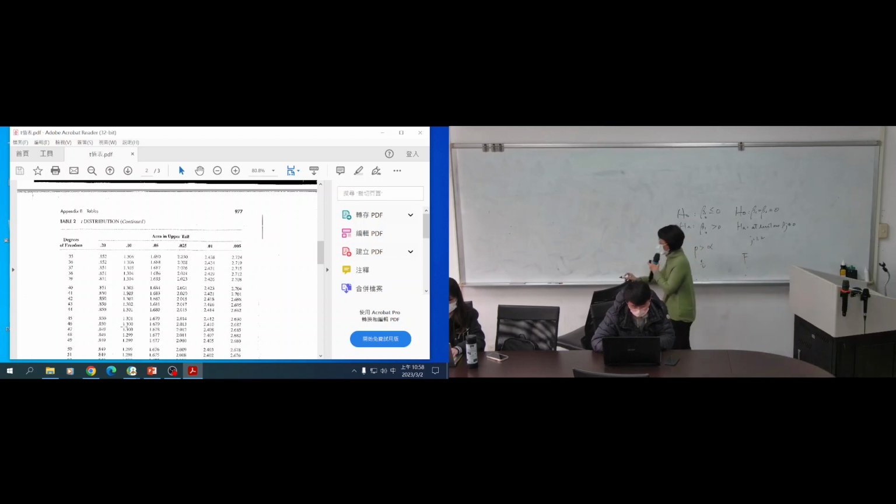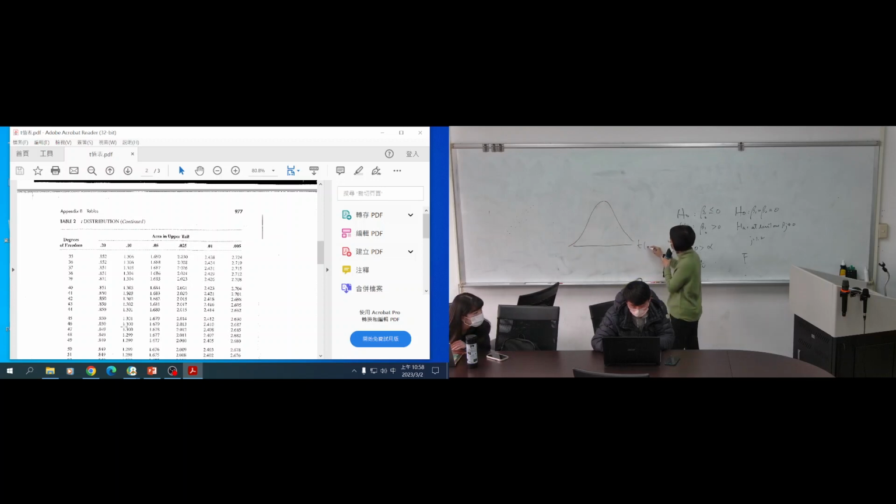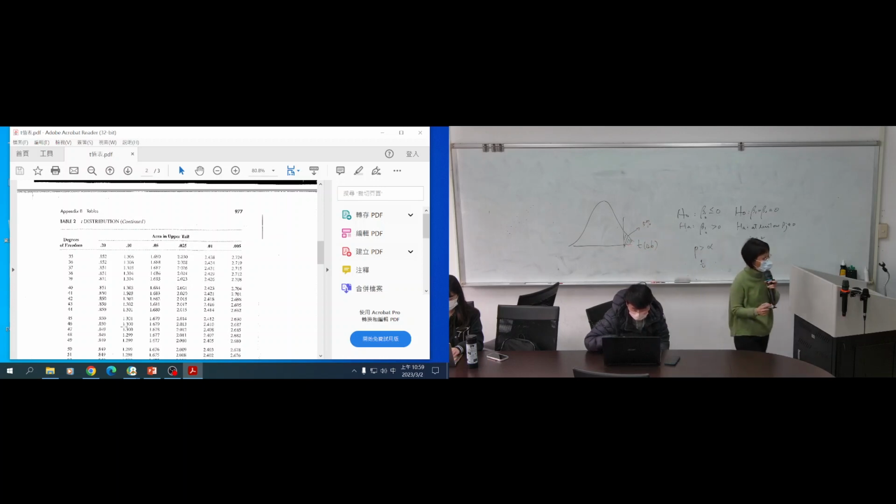If I say this is a t distribution with 46 degrees of freedom, and this is 5%, the critical value we just found from the table is 1.679.